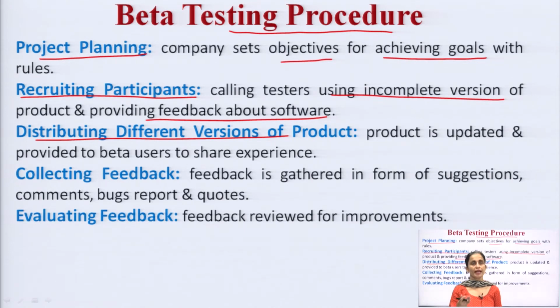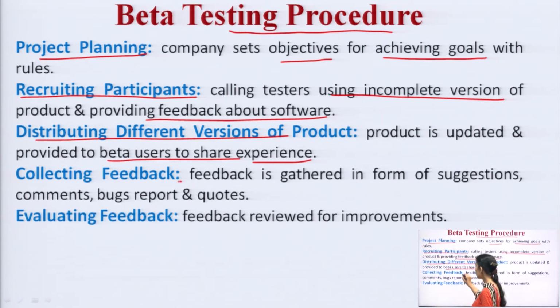So, there come the next versions of OS, 8.1, 8.1.1 and so on. So, they distribute the different versions of the product, and accordingly the product is updated and provided to the beta users to share their experience, and that experience is then again catered into the next versions and so on.